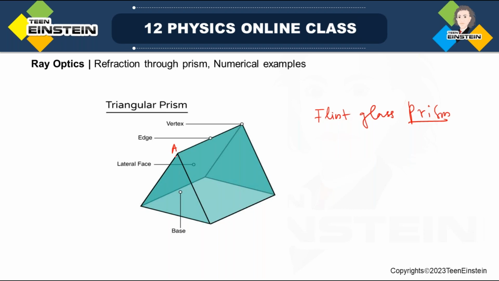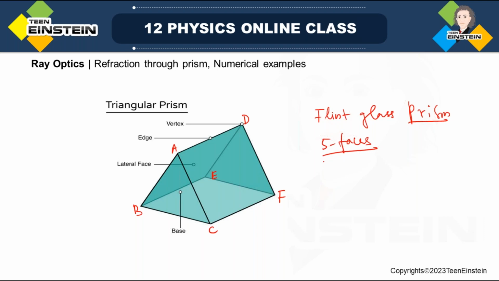This is A, this is B, this is C, and this is D. This vertex is E, and this is F. So there are actually 5 faces in this. This is a typical prism.